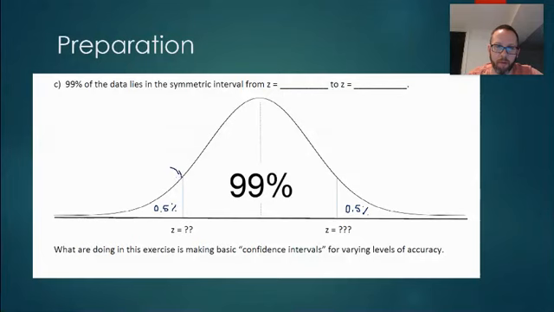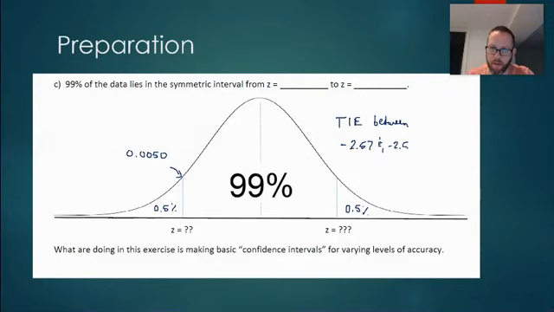So can you guys look up the z-score for 0.0050 as best you can? I will do it too. 0.0050. And what you should find here as well, if you're using the table that I gave you guys, is that there's another tie between, and just double check, -2.57 and -2.58.